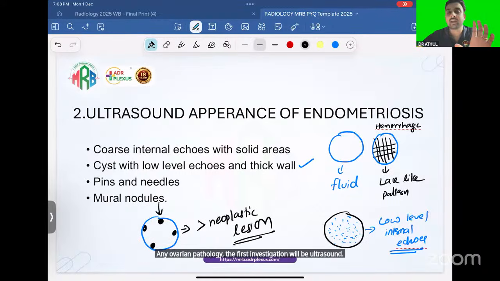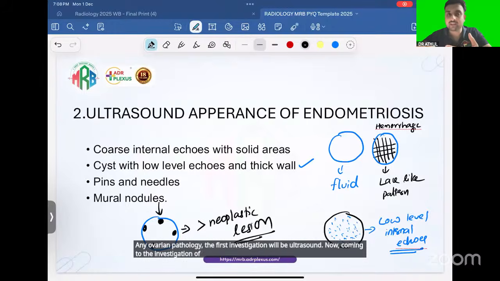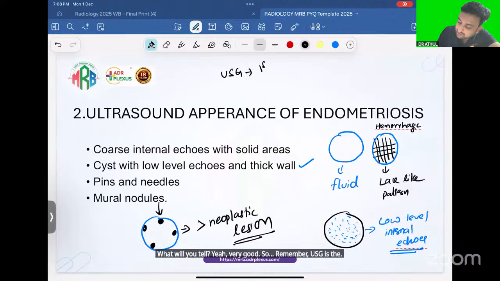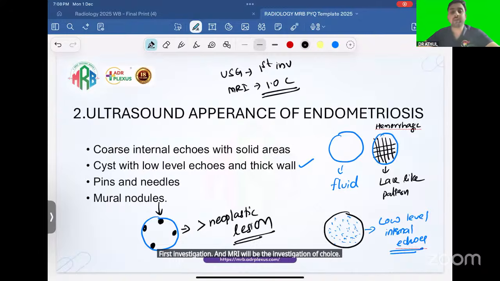Now coming to the investigation of choice, if they are asking you which of the following is the investigation of choice for hemorrhagic cyst or endometriotic cyst or ovarian cancer, what will you tell? Yeah, very good. So remember, USG is the first investigation and MRI will be the investigation of choice. Okay, MRI will be the investigation of choice. Biopsy will be the gold standard.